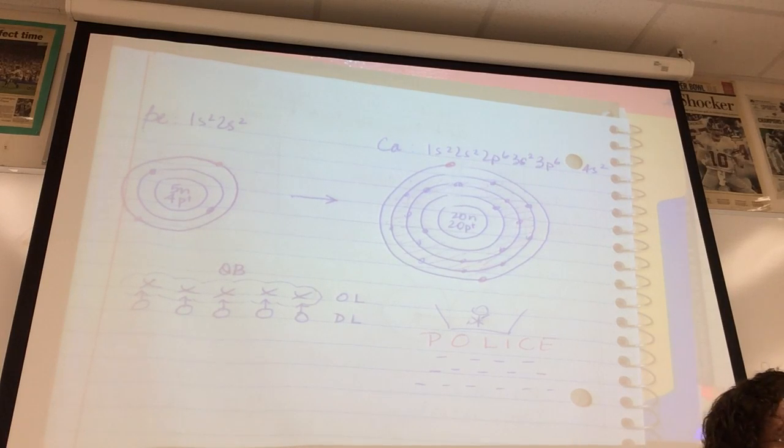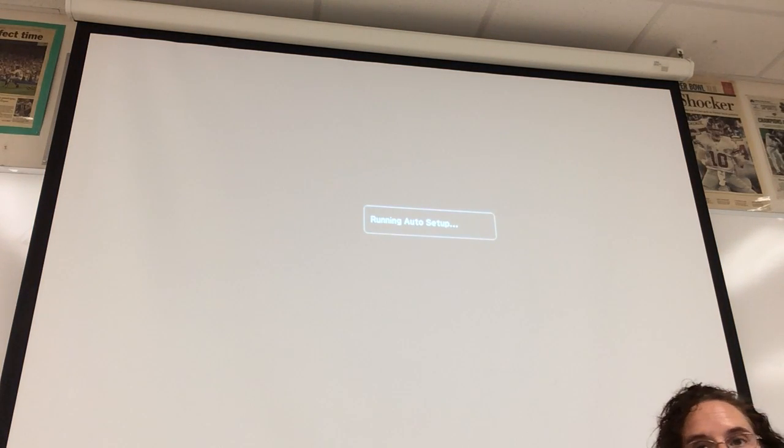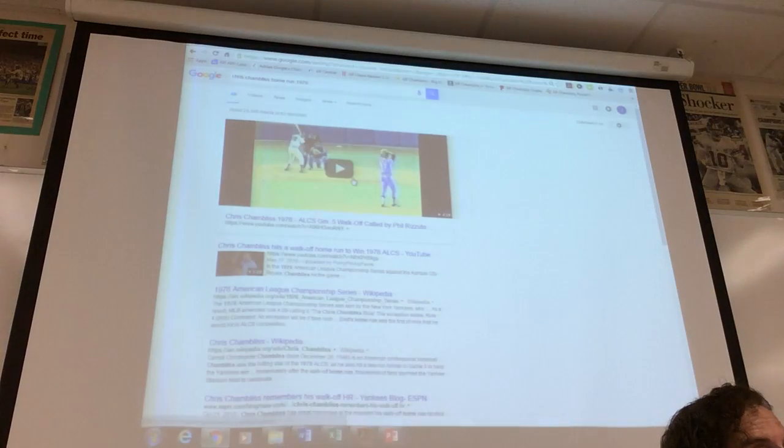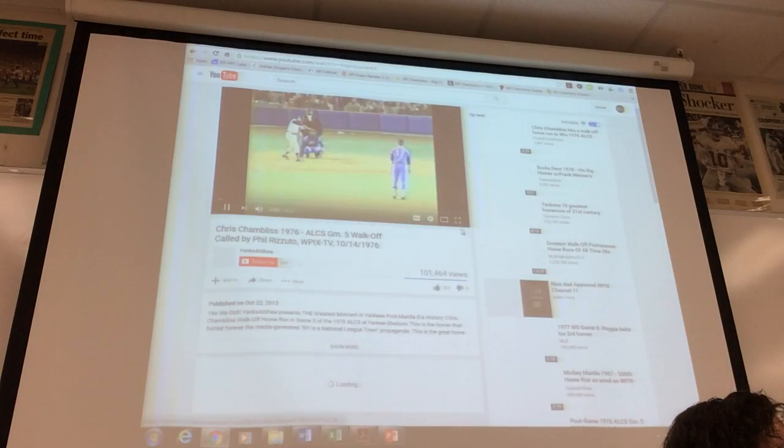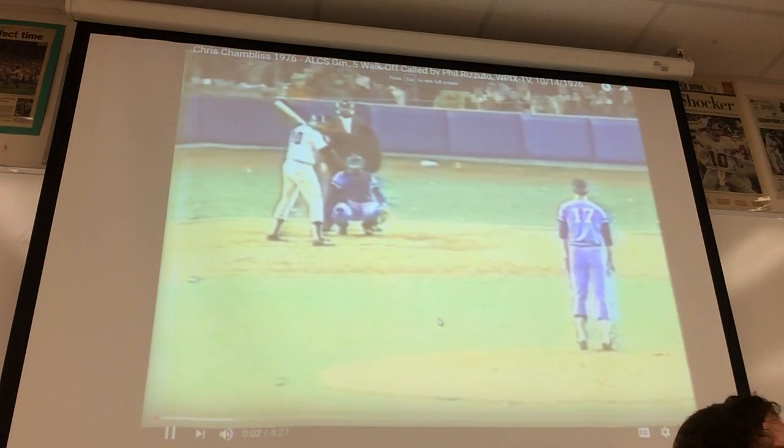Now, usually, you're at a ball game. Where are the cops? Everywhere. And in the 9th inning, they are positioned on the dugout, around the dugout, protecting their players. But not in New York in 1976. Watch what happens.